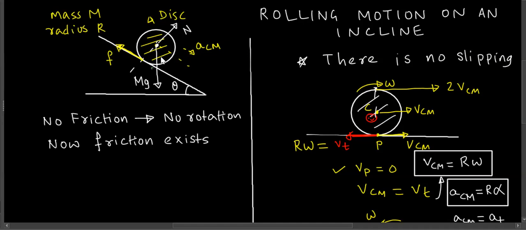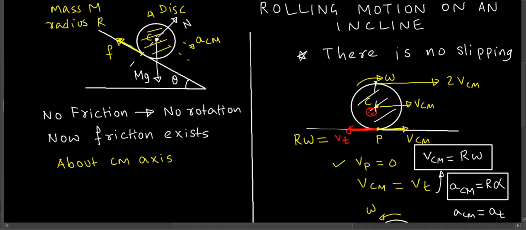And the torque due to mg about the center of mass axis. So when we look at about the center of mass axis, the gravitational force mg is passing through that. So that means the moment arm is zero.